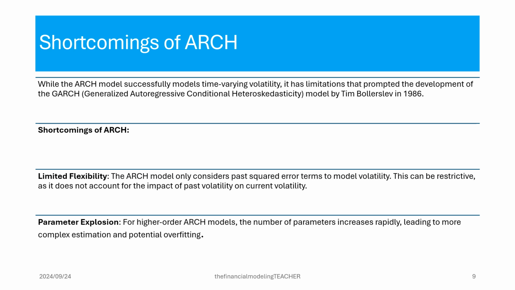The ARCH model has a limitation in the sense that it is not flexible. It only considers the past squared error term to model volatility, which is restrictive in the sense that past volatility is not factored into this model or equation.